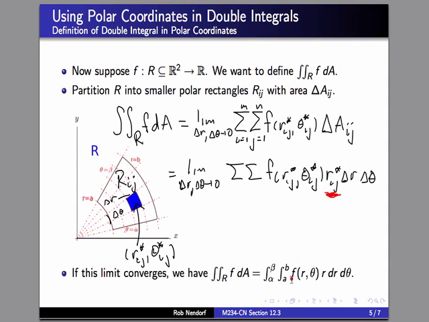And the key is here that we have not only f, but we have this extra factor of r in there. And that really is the main difference from a practical standpoint when you're using polar coordinates: you write your function in terms of polar coordinates, and you have this dr d theta, and you come up with your bounds, and we'll talk more about that. But then in the end, I have this extra factor of r that I have to throw into the integrand, just from the nature of how polar coordinates relate to the standard x and y coordinates.